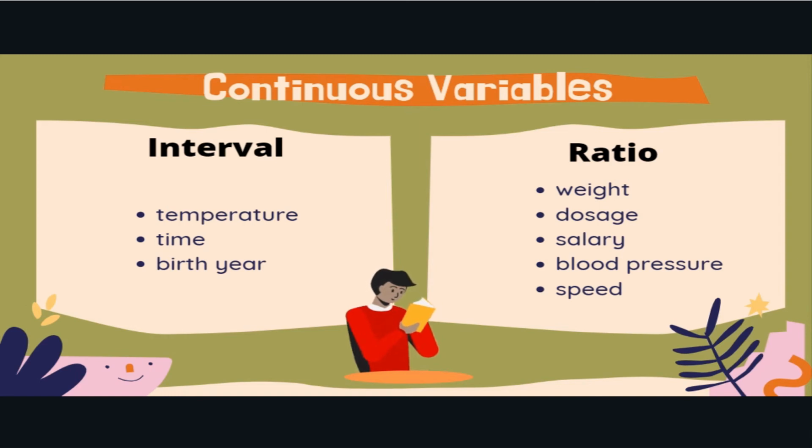The normal blood pressure is 120 over 80 millimeters of mercury. And lastly, speed is kilometers or miles per hour. The recommended speed in our highways is only 60 kph or 60 kilometers per hour.